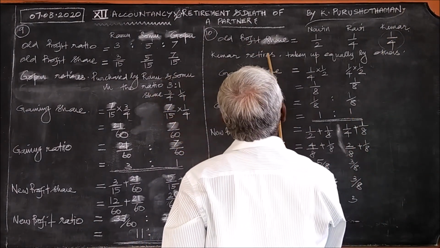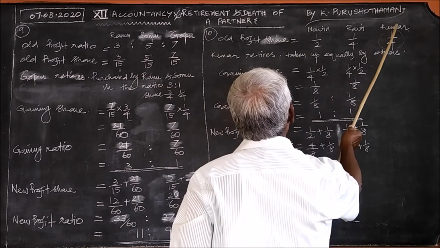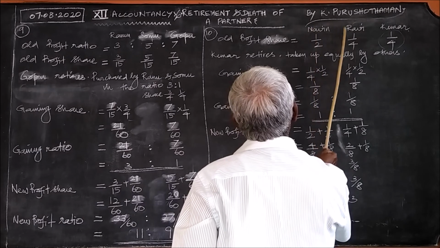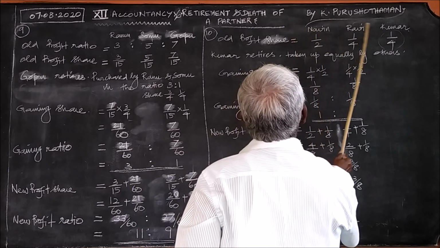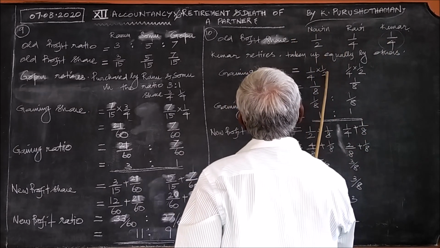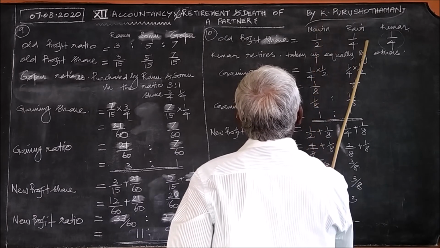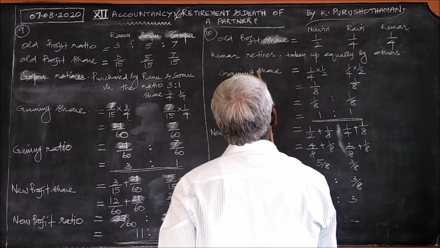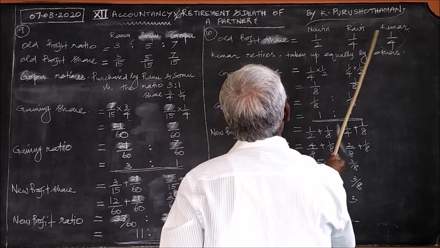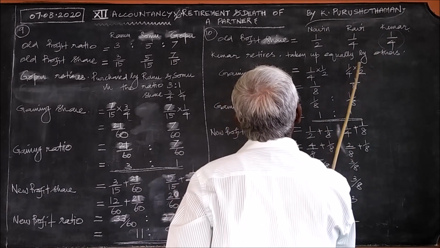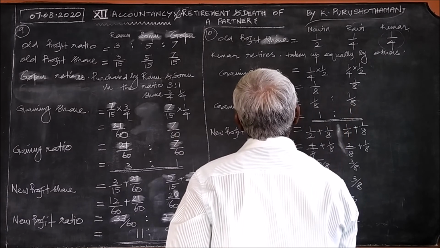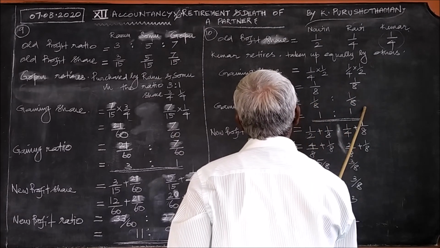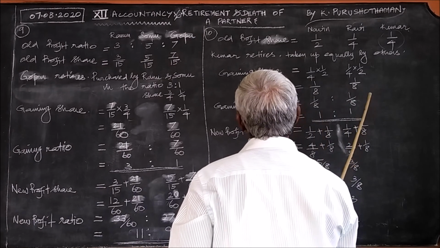What happens to his share 1 by 4? It is taken up by the other partners equally. That is, half of 1 by 4 is taken up by Naveen and half of 1 by 4 is taken up by Ravi. That is the gaining share, 1 by 8. So this is the gaining ratio. If you cancel the denominator as they are equal, 1:1.